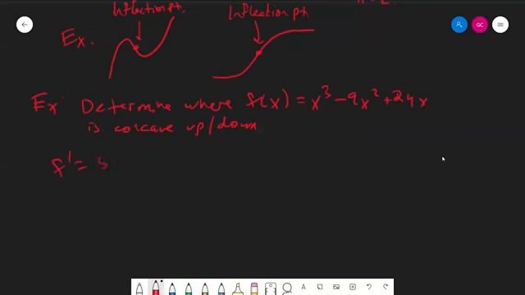So f prime is 3x squared minus 18x plus 24. So f double prime is 6x minus 18. And we want to know where is that positive and negative. So we find where that is equal to 0. That happens at x equals 3.